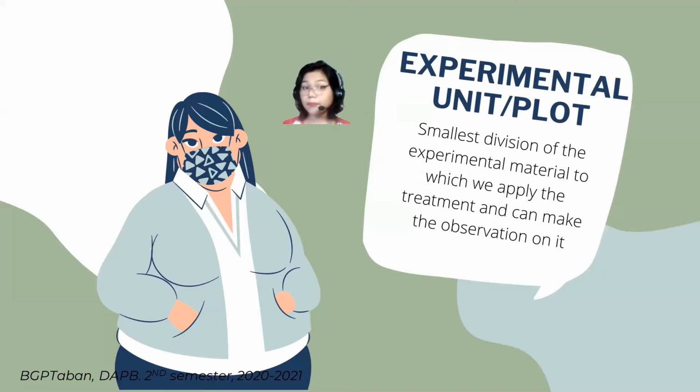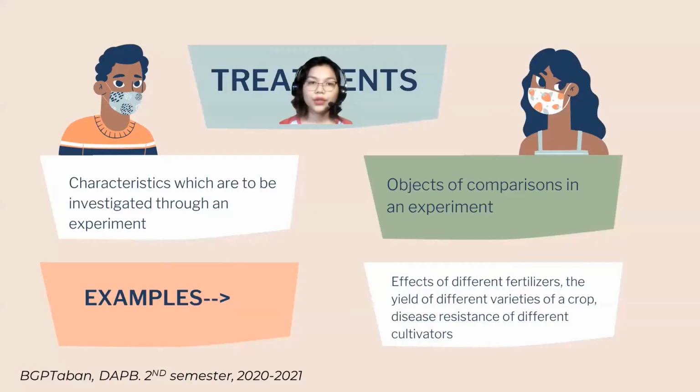So each sheep or each lamb or each chicken or each horse or swine or pig is considered as an experimental unit. Or talking about human beings, then each person is considered an experimental unit.